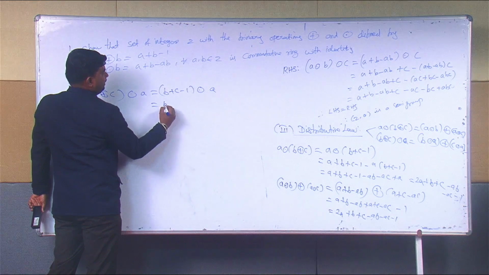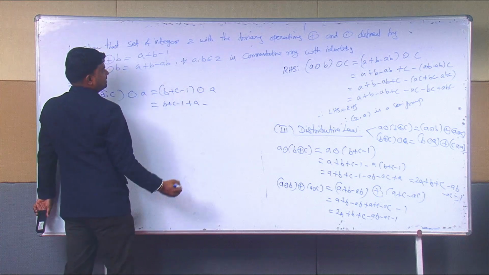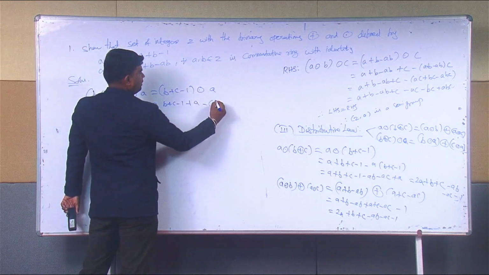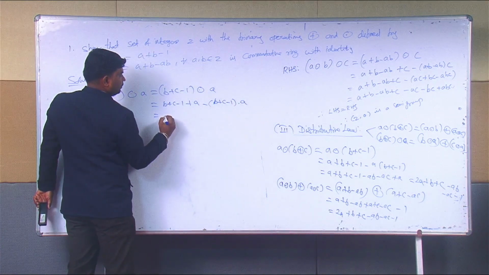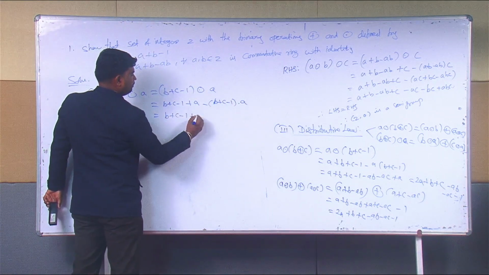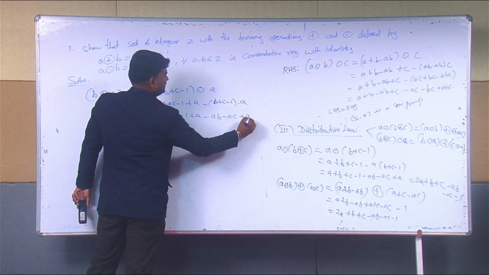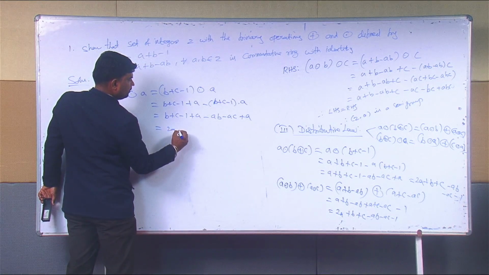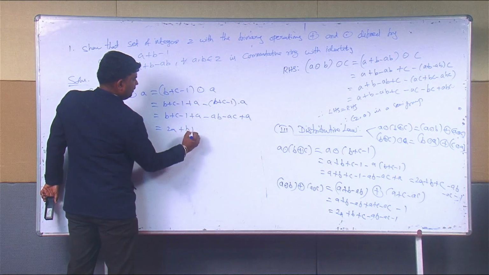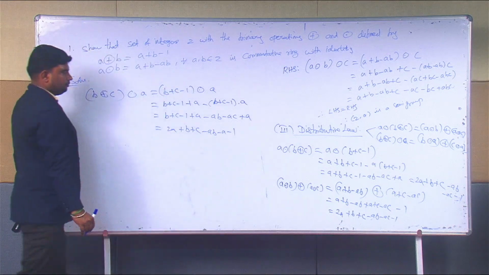So B plus C minus 1 plus A minus the product of B plus C minus 1 dot A. So B plus C minus 1 plus A minus AB minus AC plus A. So finally we get 2A plus B plus C minus AB minus AC minus 1.